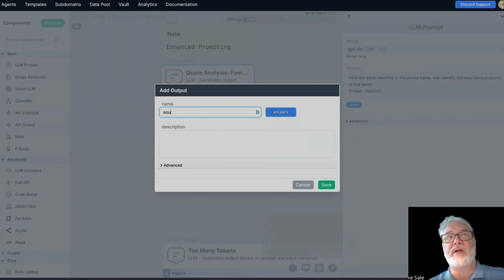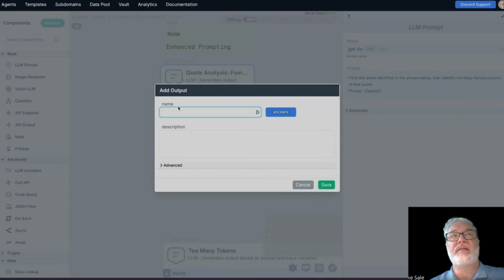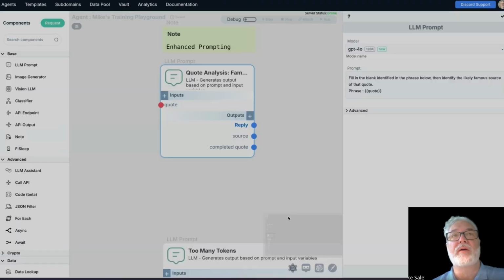So in that case, we want to pull the source, and we want to identify the completed quote. So again, run it real quick.